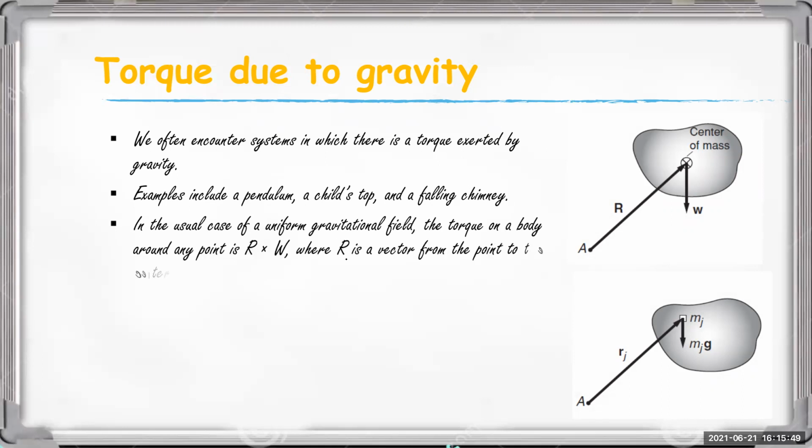In the usual case of a uniform gravitational field, the torque on a body around any point is r cross W. Here, W is the weight of the body, and r is the vector from the center of mass.